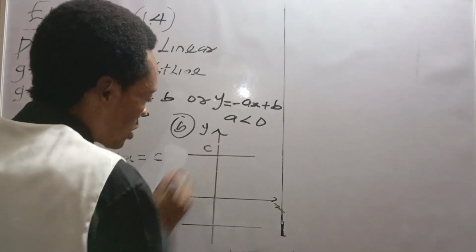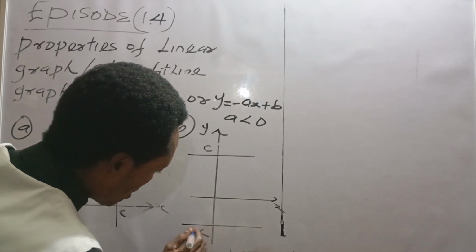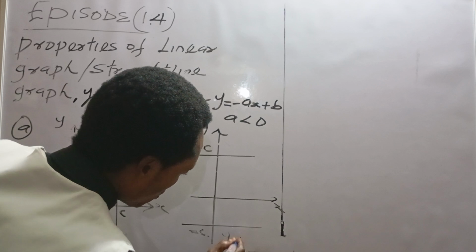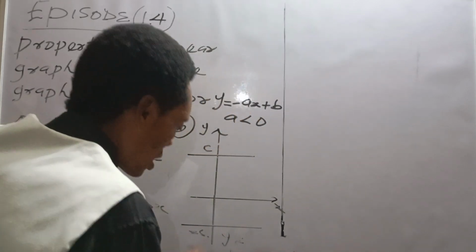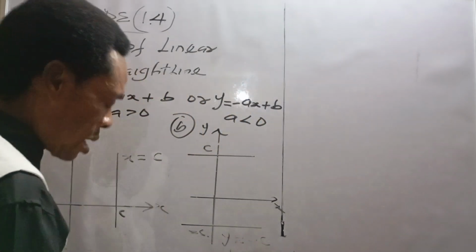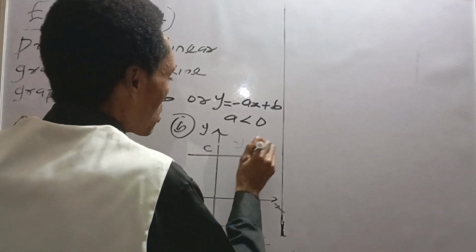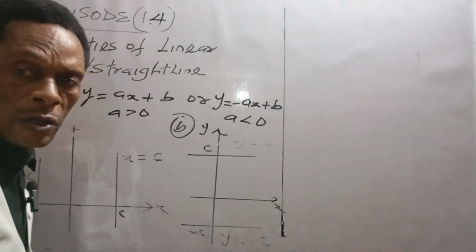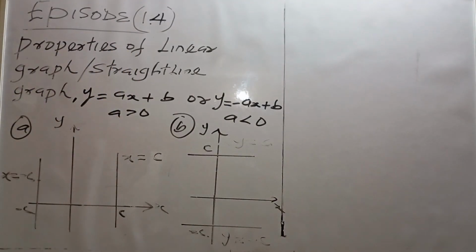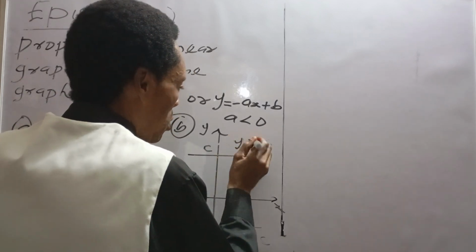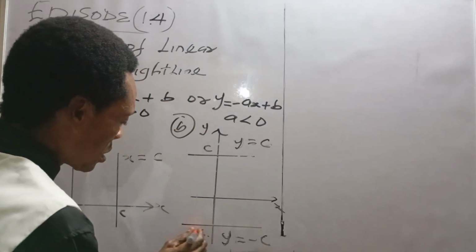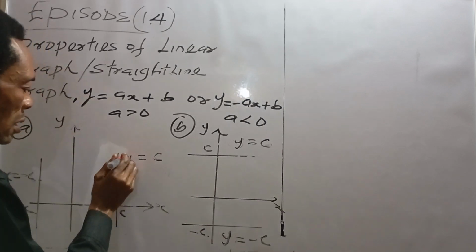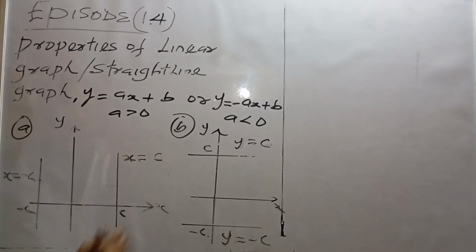So here could represent C, and here could represent minus C. So here y equals C, and here y equals minus C. And mark it, this is x equals C, and this is x equals minus C.